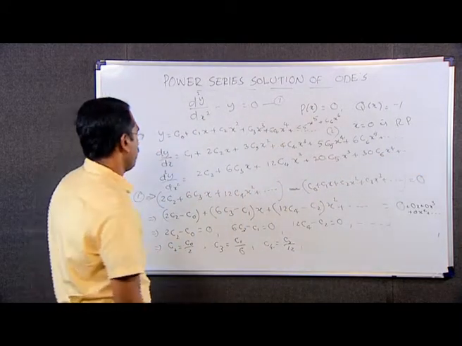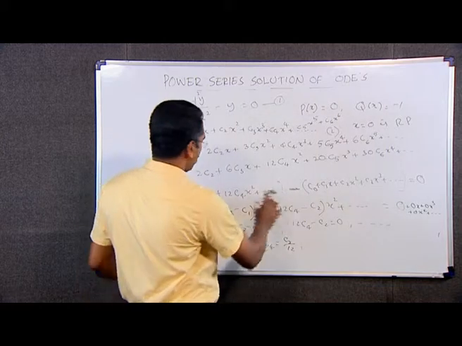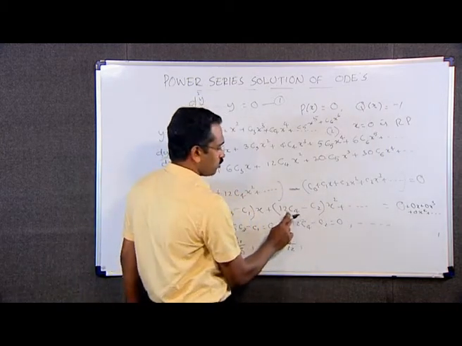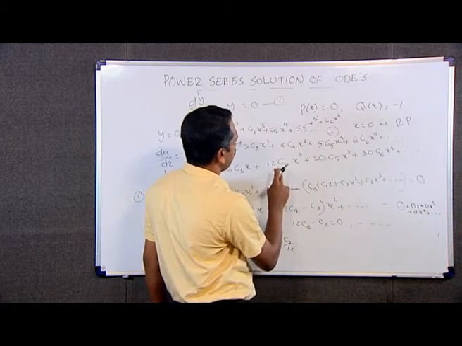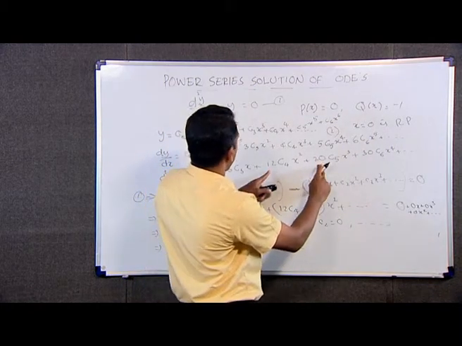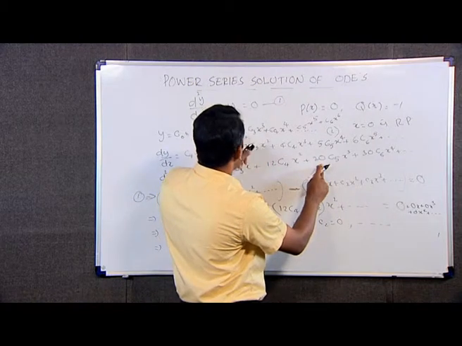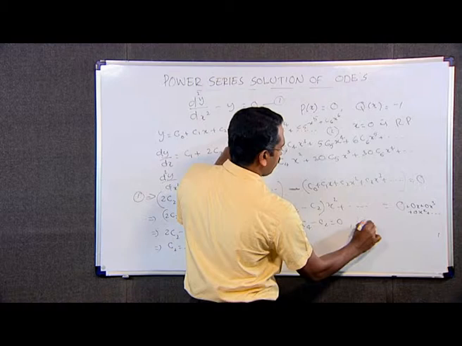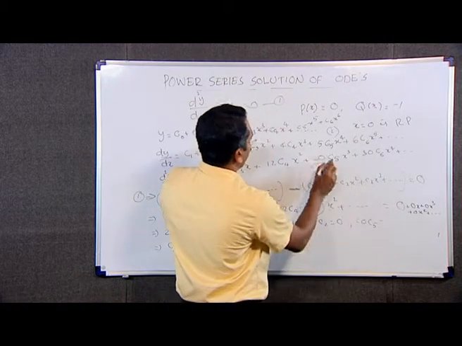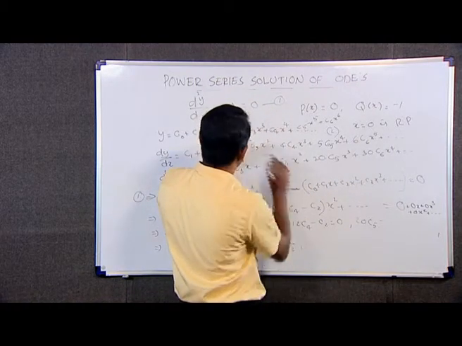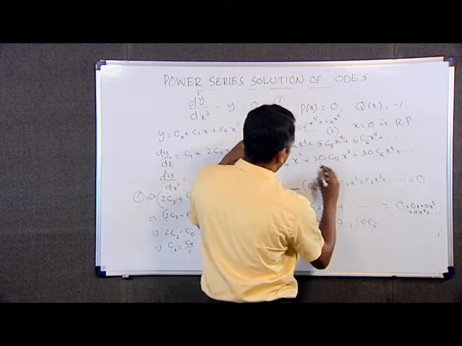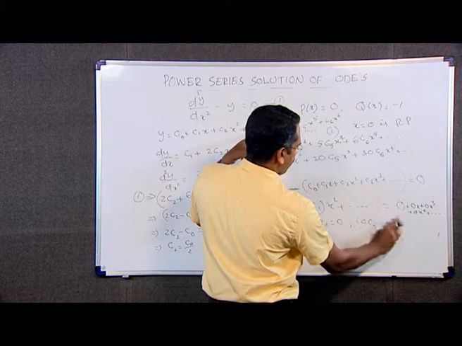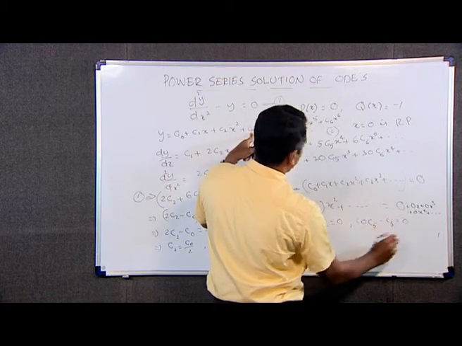Therefore, when we equate to 0, we get the next term as here 12c4 minus c2. Therefore, next term is 20c5 minus c3, that is the coefficient of x cube is c3, which is equal to 0.